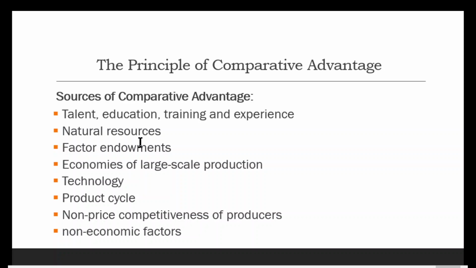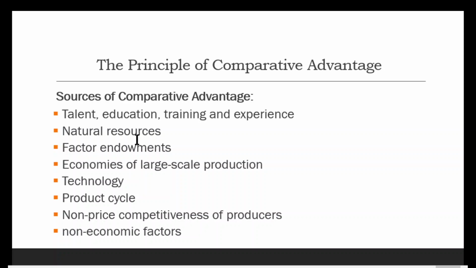So countries with plentiful natural resources will generally have a comparative advantage in products that use those resources. And also we have large scale production. When you produce on a large scale, you can minimize the cost, because the cost will be lower as more items are being produced.